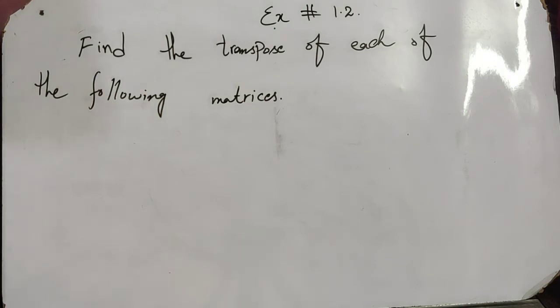First of all, what is the transpose? In our previous video, we learned what the transpose of a matrix is. The transpose of a matrix is found by changing rows into columns and columns into rows.